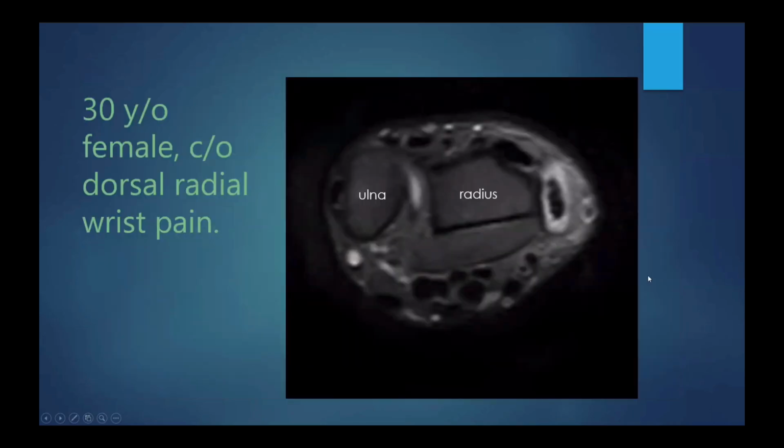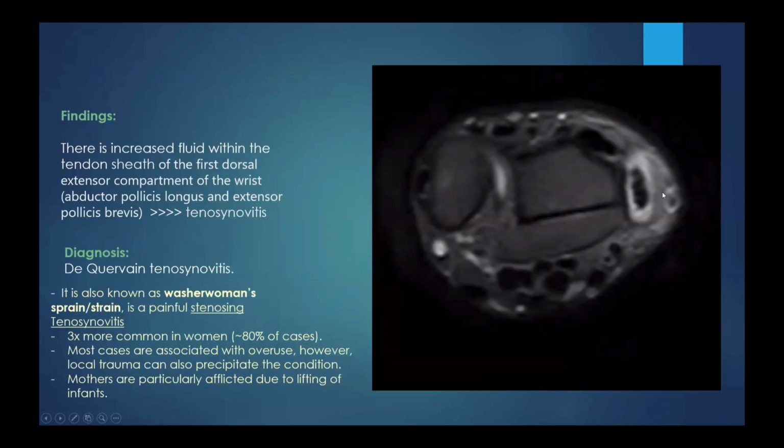Here I got a case: a 30-year-old female complaining of dorsal radial wrist pain. Then we will analyze this axial T2 fat sat image, and we got the radius here and ulna. So the first extensor tendon on the radial side, we have the first compartment, which involves the abductor pollicis longus and extensor pollicis brevis.